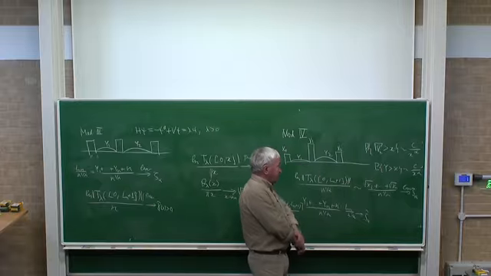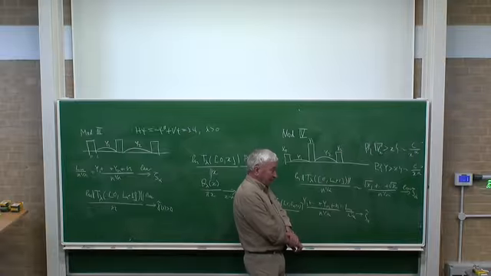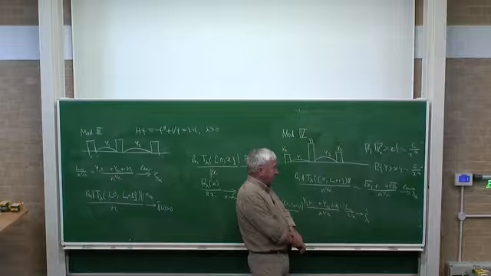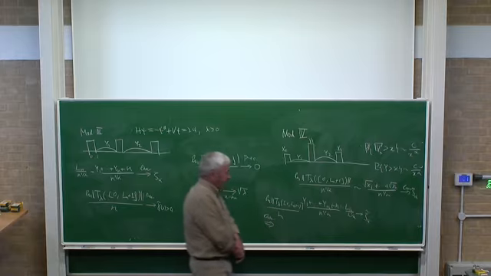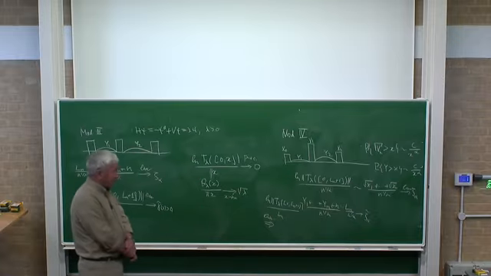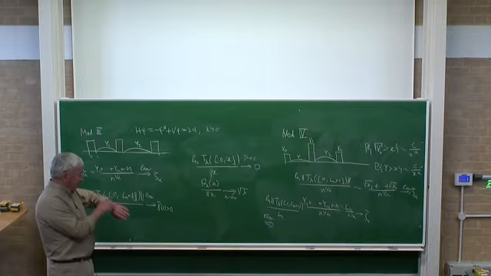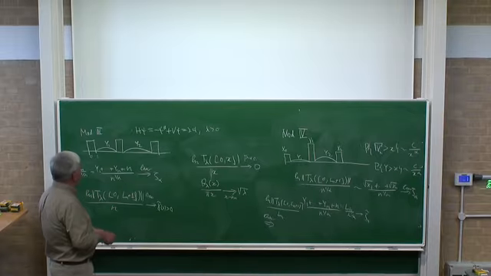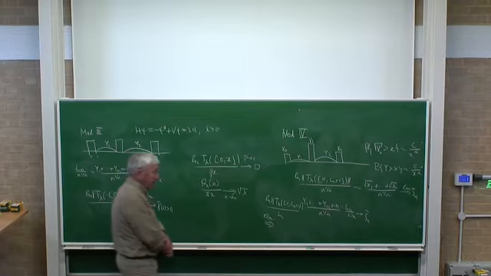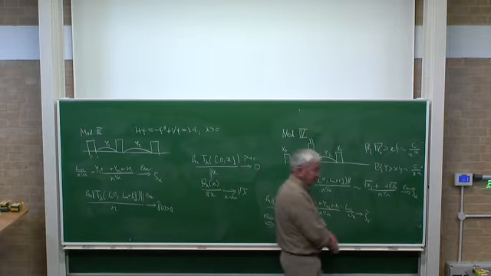But analysis shows that in this case there is no Poisson statistics. The statistics is highly non-trivial. We did not finish such calculations. This is more or less what I wanted to say about one-dimensional theory.